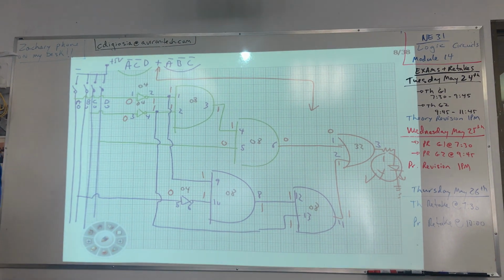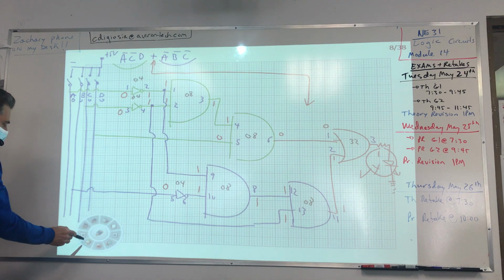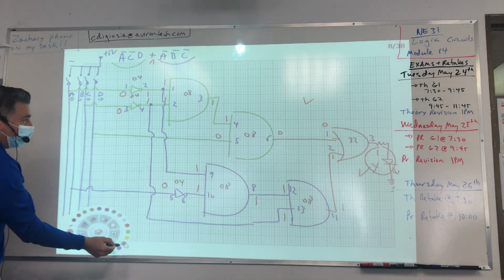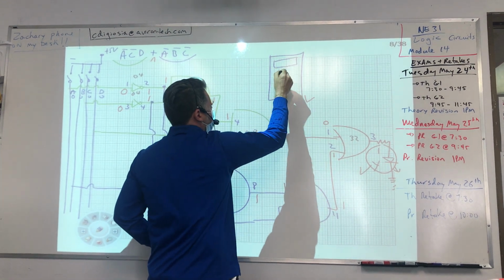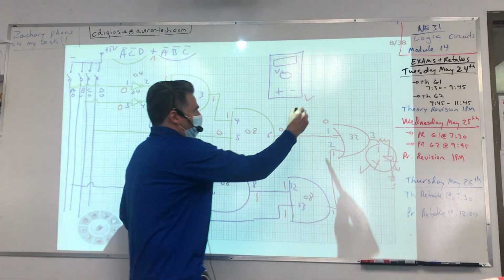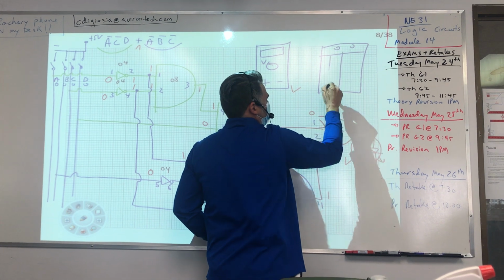But if it's not, how do you troubleshoot this? What you're going to do is use your voltmeter. You're going to put the dial on voltage, positive and negative. Now on your board, right? This is your board.